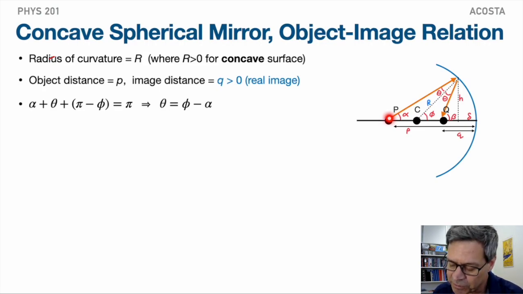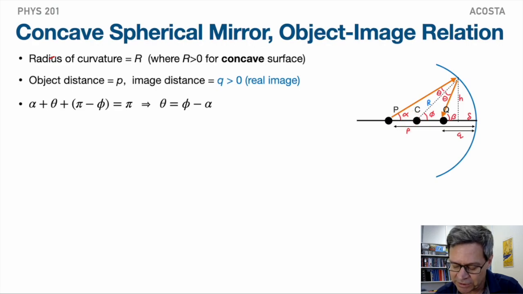We can look at a couple of triangles here. There's a triangle formed by P, to the point of reflection, to the center of curvature. In that triangle, angle alpha is shown here, and here's theta up there. Then this is an unknown angle, but we know for a line that's 180 degrees, and so the supplement to angle phi is pi radians, or 180 degrees, minus this angle phi.